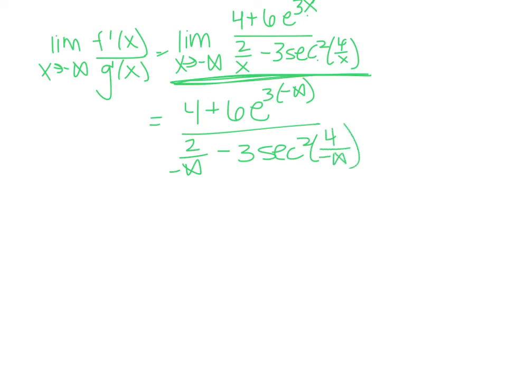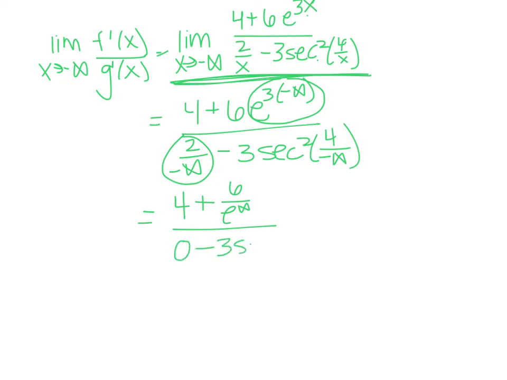All right, a couple of things happening here. On the top, we have 4 plus 6e to the 3 times negative infinity, which is like saying 6 over e to the infinity, and anything over an infinity is going to be 0. The bottom also becomes negative 3 secant squared of 0.